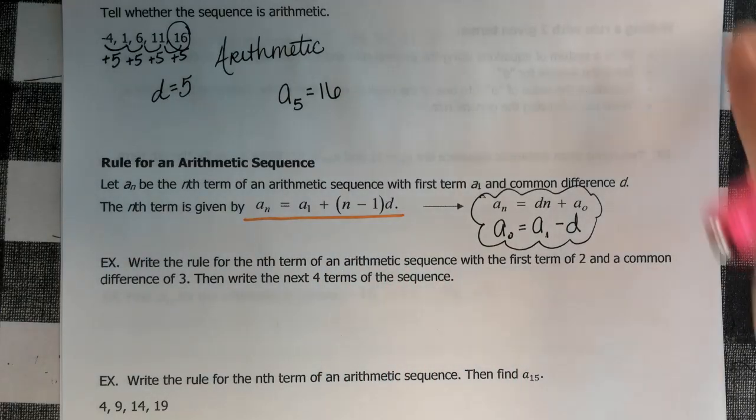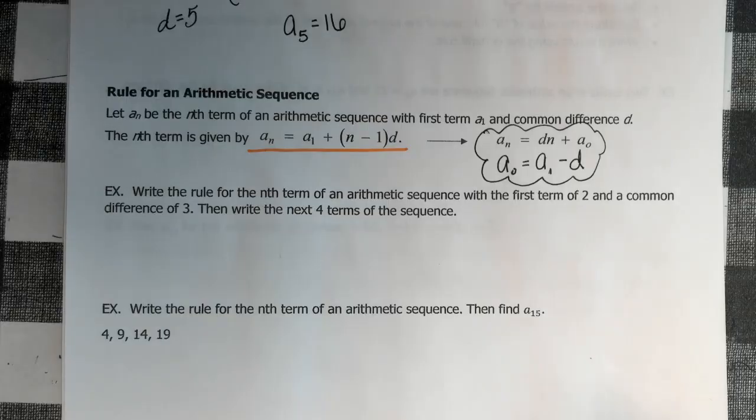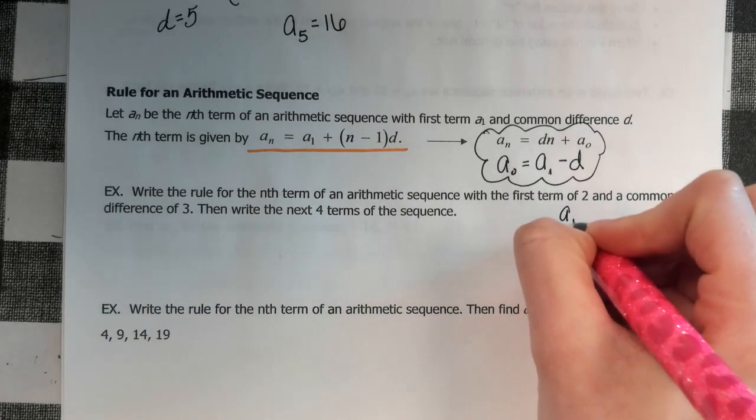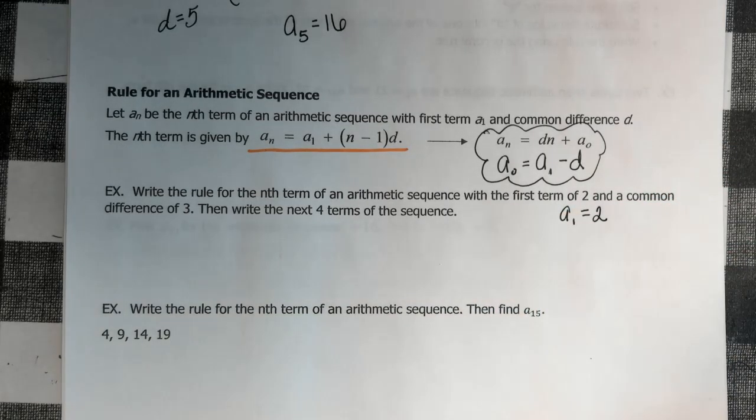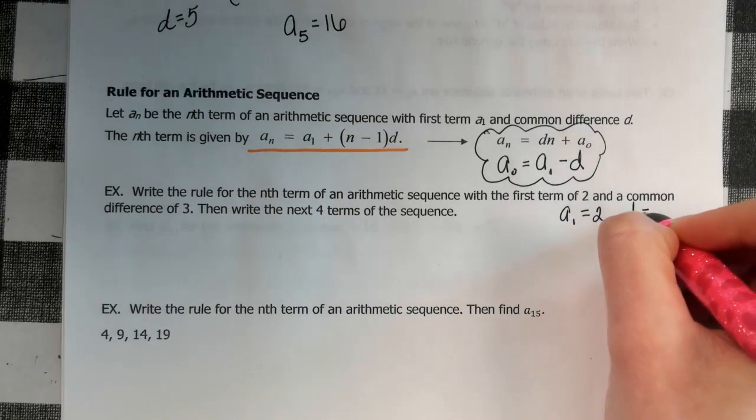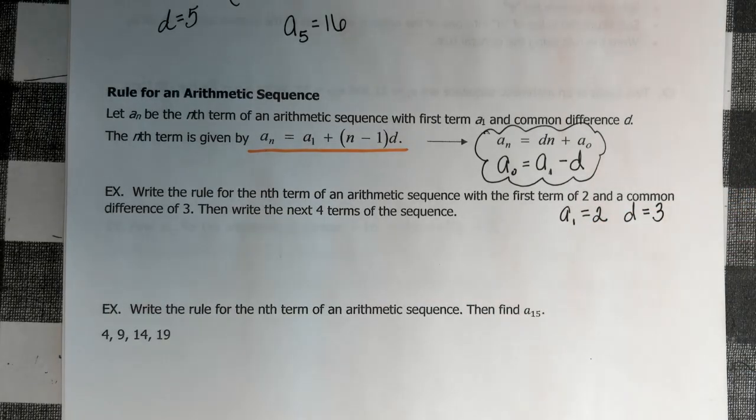So it says write the rule for the nth term of an arithmetic sequence with the first term of 2 and a common difference of 3, then write the next 4 terms of the sequence. The first term tells me A1 is equal to 2. The common difference tells me D is equal to 3.